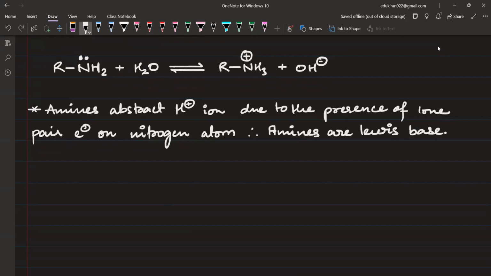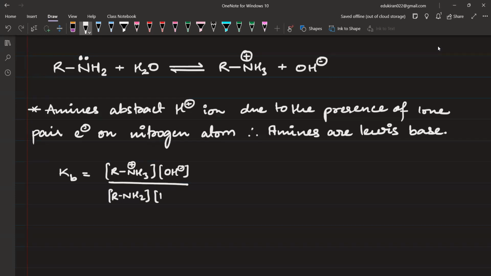Okay. Now, if you write the dissociation constant for this reaction, it actually shows the basic nature of amines. So if you write the dissociation constant, that is Kb, Kb will be equal to the product OH negative divided by H2O.